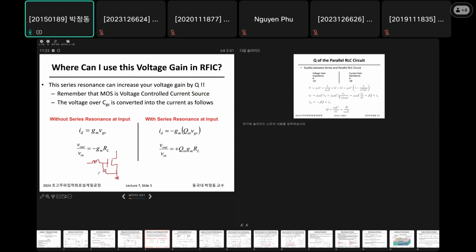This is CGS, and you have an RS and a VS. So let's say you just want to make it resonate, then this has to be RS. So the network is just looking like this.